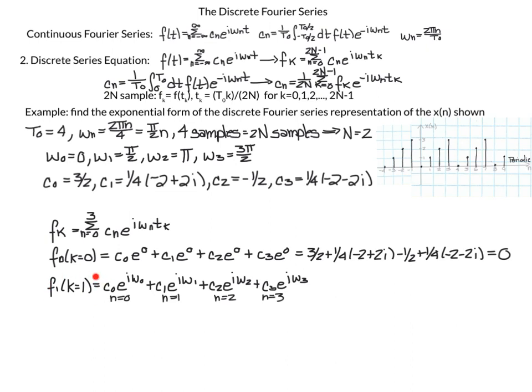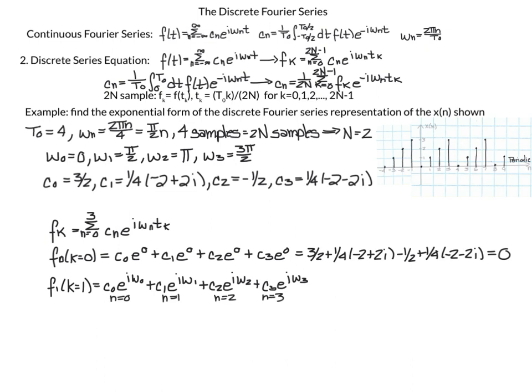Now I'm going to do f of 1. It's a little more interesting when k is equal to 1. So I'm going to sum from n equals 0 to 3. Just remember, k here is equal to 1, and it's the n's that are changing.